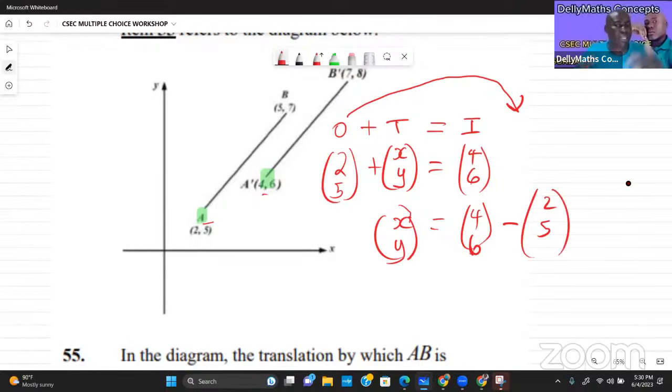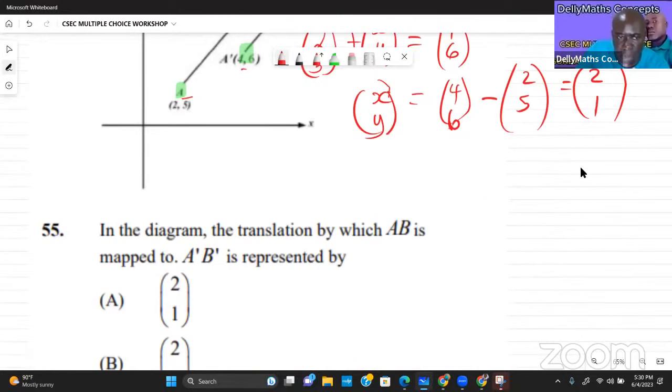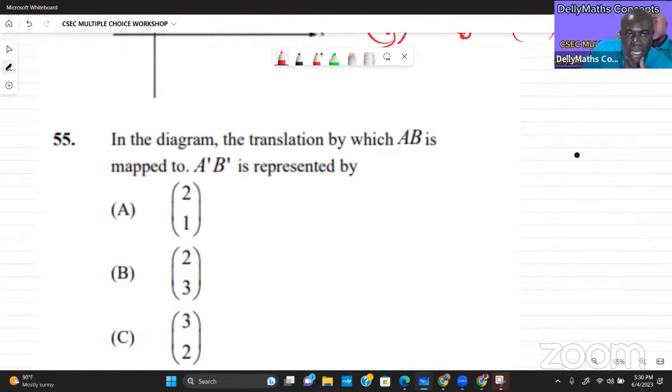So 4 minus 2 is 2, 6 minus 5 is 1. The translation is (2, 1). So I'm looking for a translation with 2 at the top, 1 at the bottom. The answer is A.